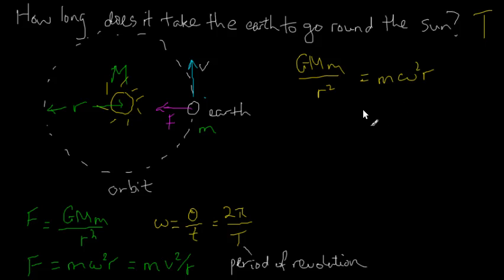Now the first thing we notice about this equation is that the mass of the Earth appears on both sides, which means I can divide it away from both sides. So that's really convenient. It means that I may not actually need to know the mass of the Earth. But let's press on and see what happens.